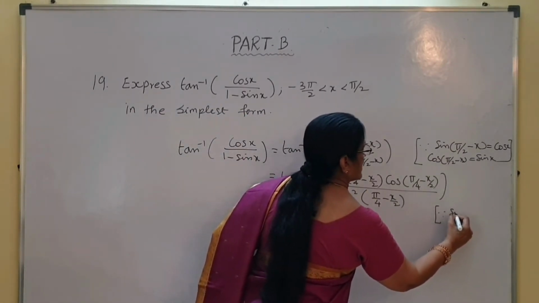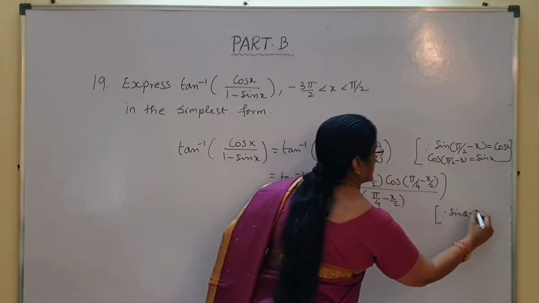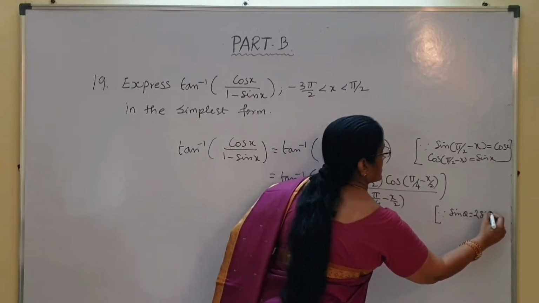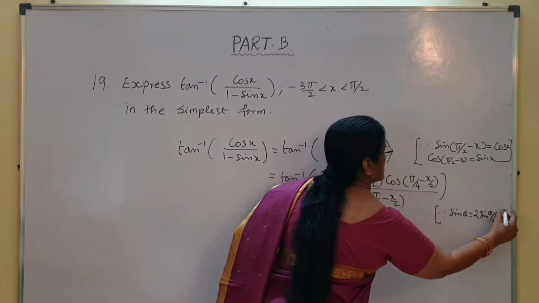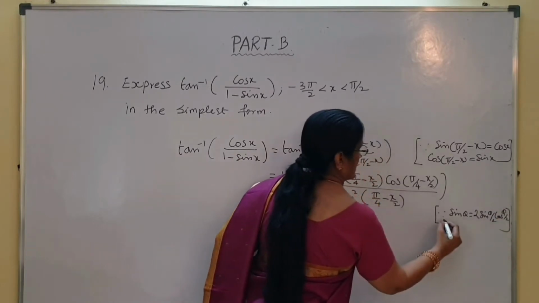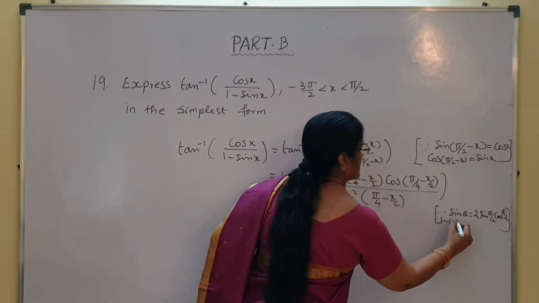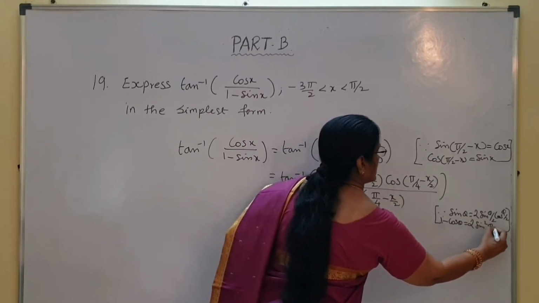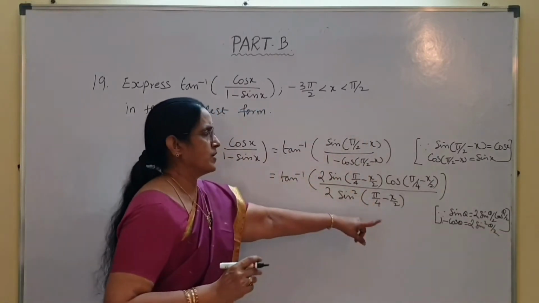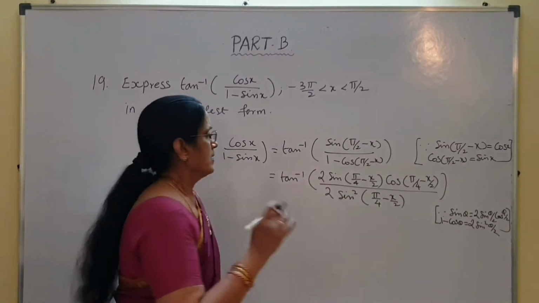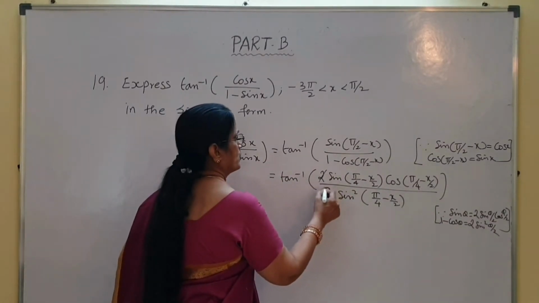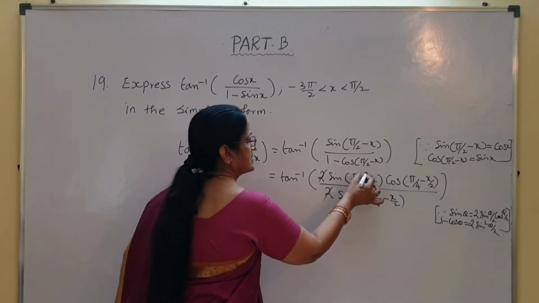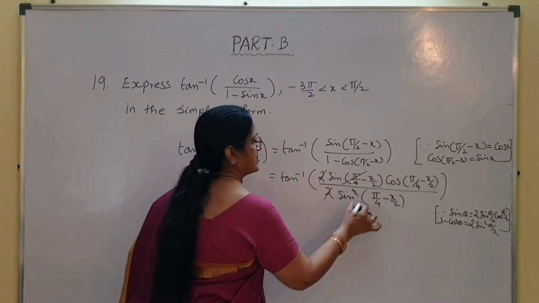Since sin theta is equal to 2 sin theta by 2 cos theta by 2 and 1 minus cos theta is equal to 2 sin square theta by 2. So these two formulae I made use of here. What will happen? 2 gets cancelled. This sin will get cancelled with this.